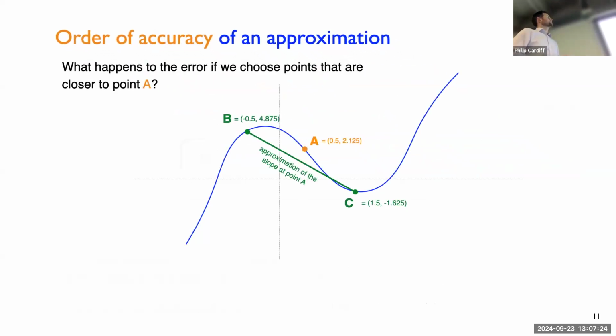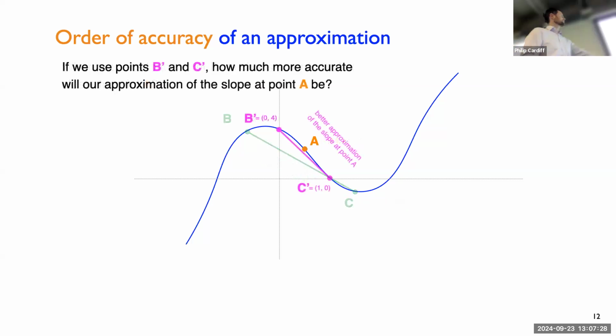So what happens if we choose points that are closer to A? So instead of B and C, we choose B prime and C prime. So in this case, I have half the distance. So the distance here is half, the distance there is half.